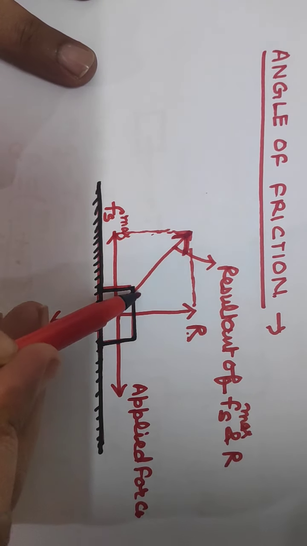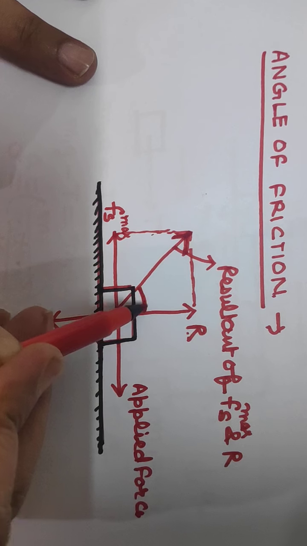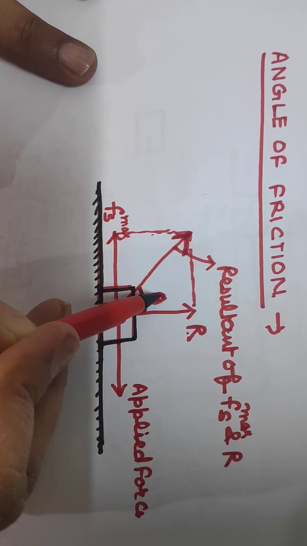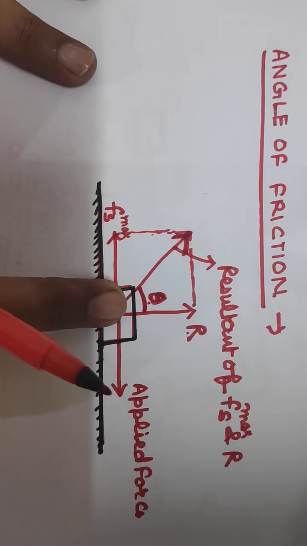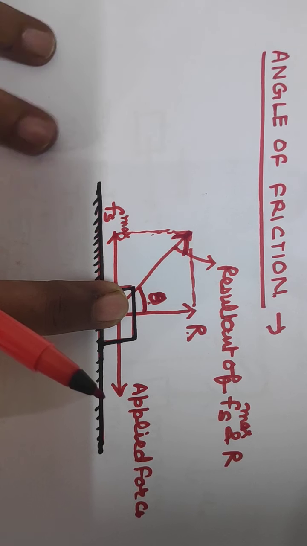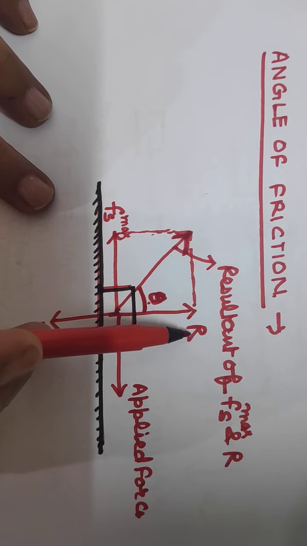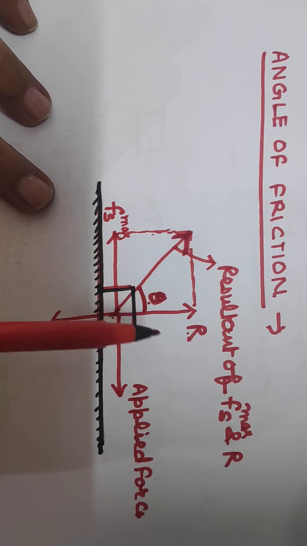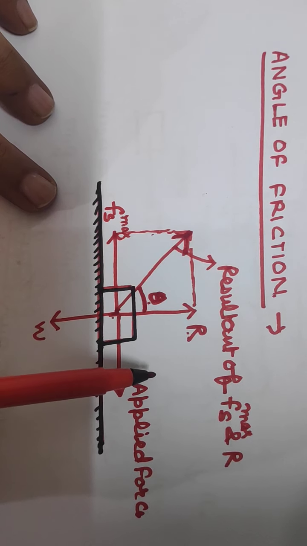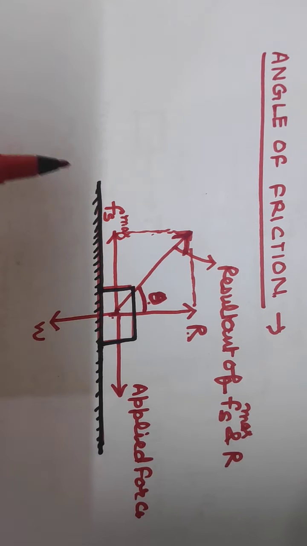And this is making angle theta with R. This theta is the angle of friction, the angle between the reaction and the resultant of Fs and reaction is called the angle of friction.